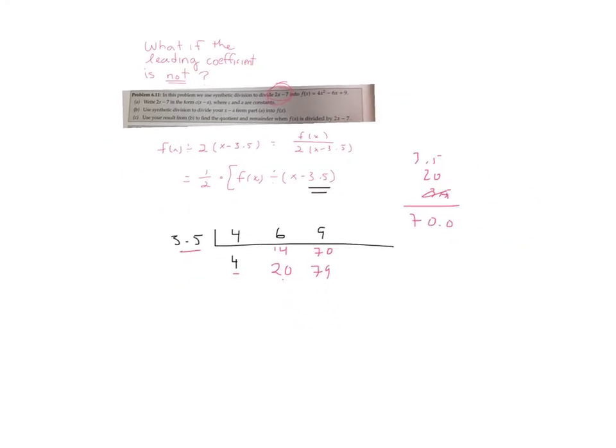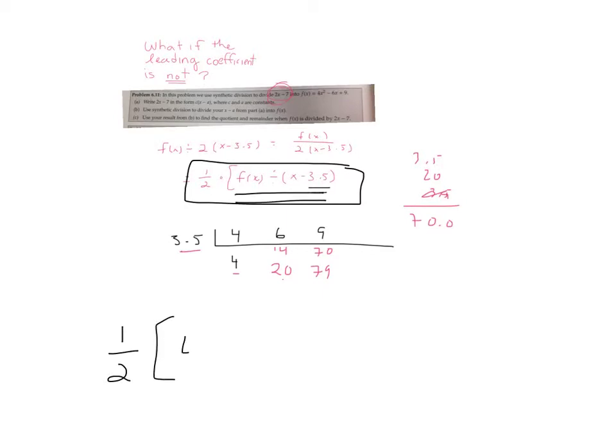So going back to what we started with, 1/2 times this result, which is 4x plus 20 plus 79 over x minus 3.5.